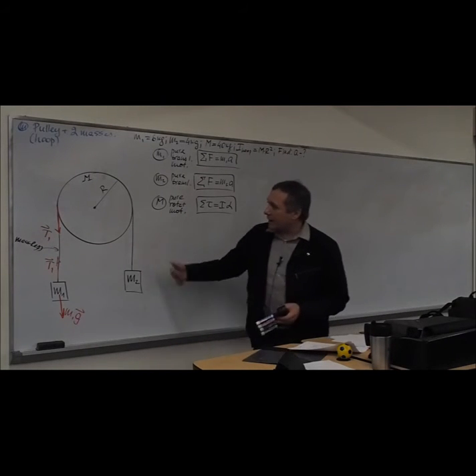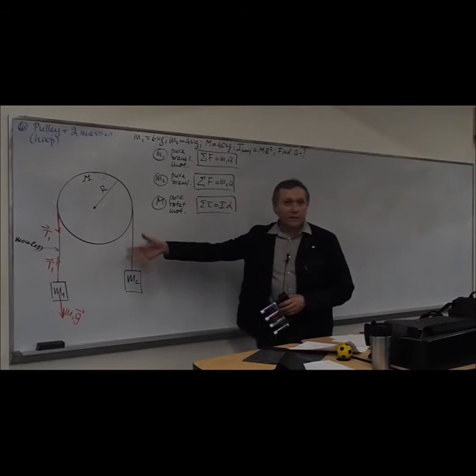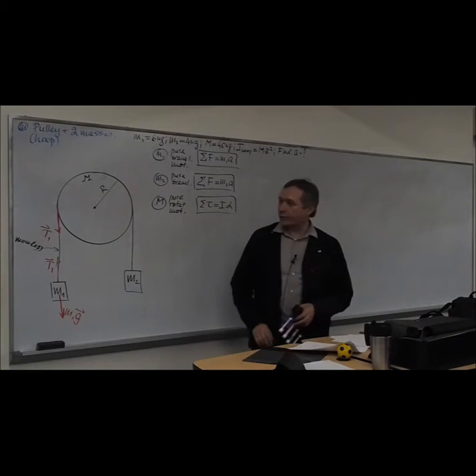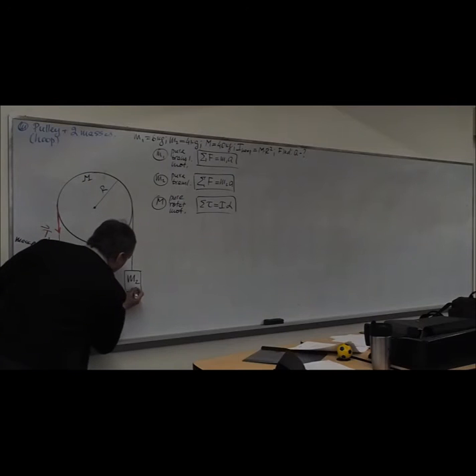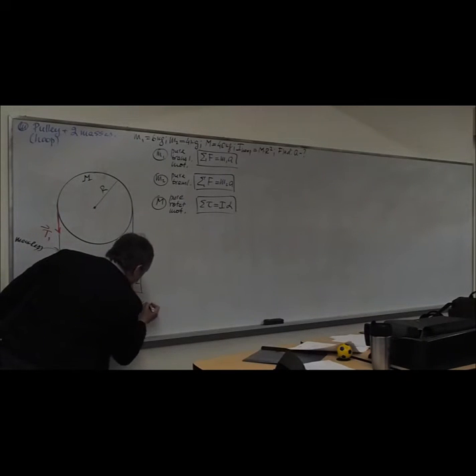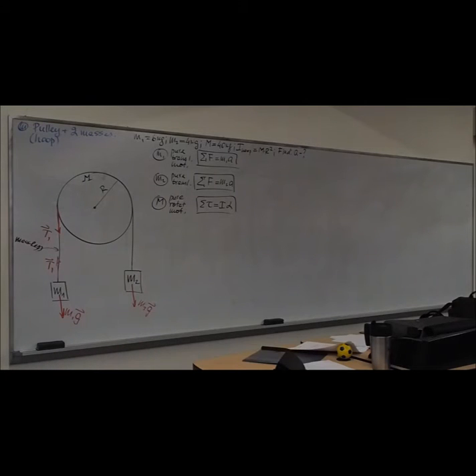Now, this side, exactly the same. Three forces, right? So here I will have M2G, force of gravity. Yes, sorry, it's getting below the table, right? I cannot push this table out.